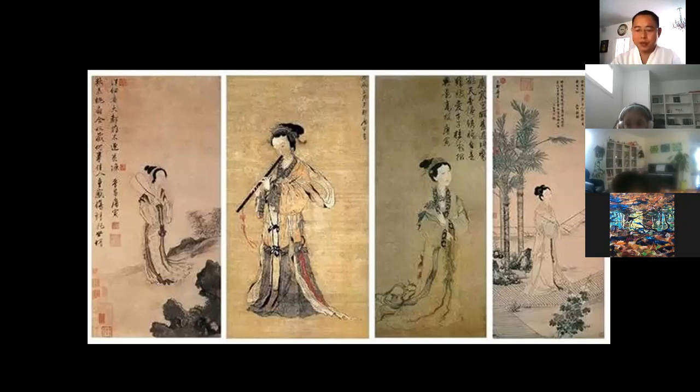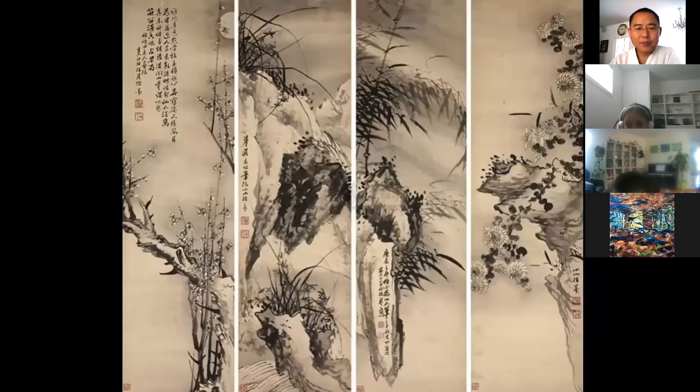And also, as we can see, in not all, but most ancient Chinese paintings, those flowers, those trees, those herbs, they're not exactly realistic, because being realistic is not their goal, not their purpose.